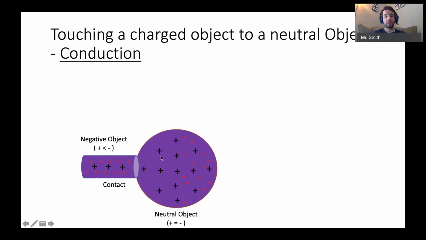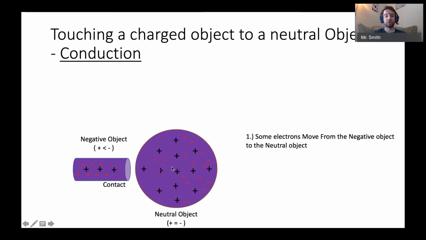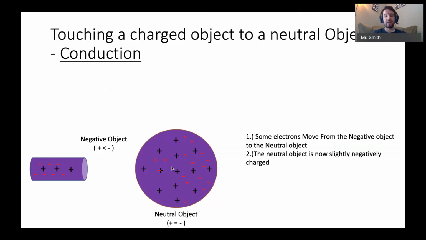With the contact, these three electrons transfer into the neutral object. So this negative object becomes less negative, and this neutral object has some extra electrons, meaning it's now slightly negatively charged. It's no longer neutral because it has those extra three electrons.